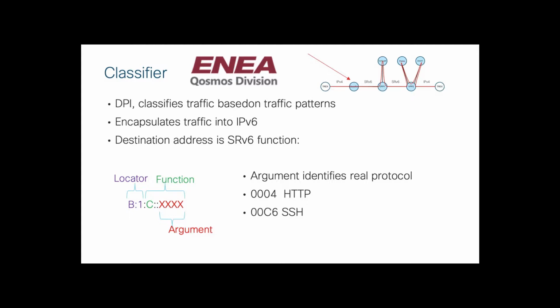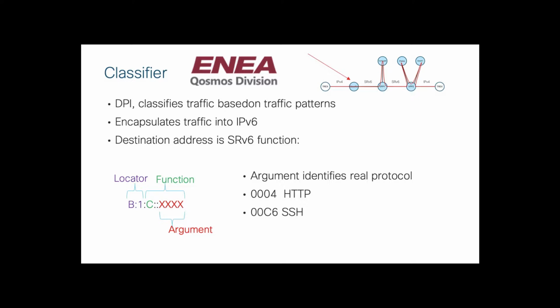The function has a flexible part. This part is referred to as an argument. The classifier is capable of creating an argument-based ID on deep analysis of the flow itself. In our case, it considers SSH as a specifically dangerous protocol. Through SSH, you can actually tunnel anything else.